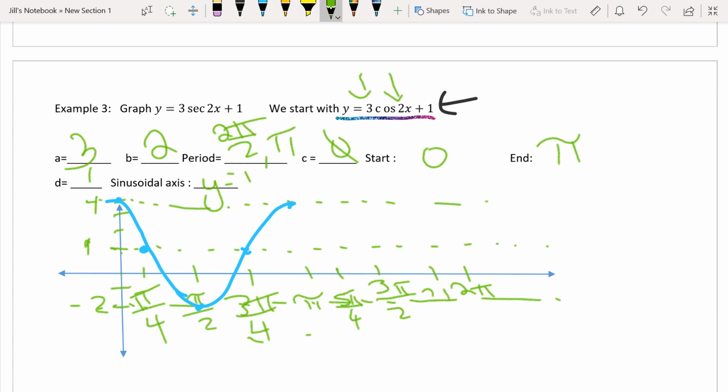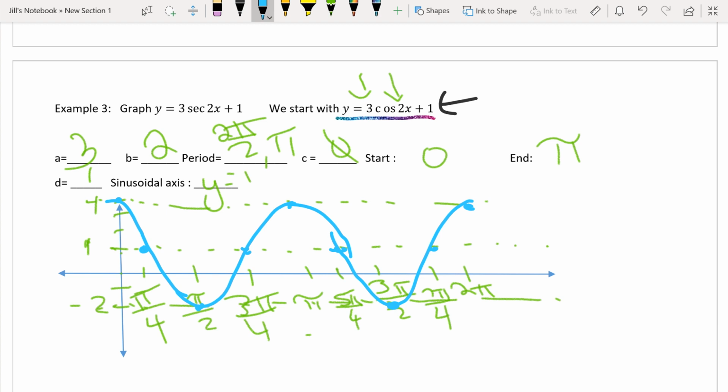This would be 7 pi over 4. Complete another cosine wave. So middle, low, middle, high. Okay, so there's the cosine graph.